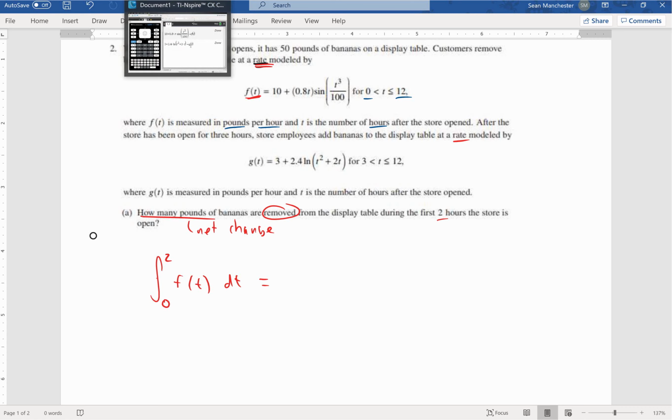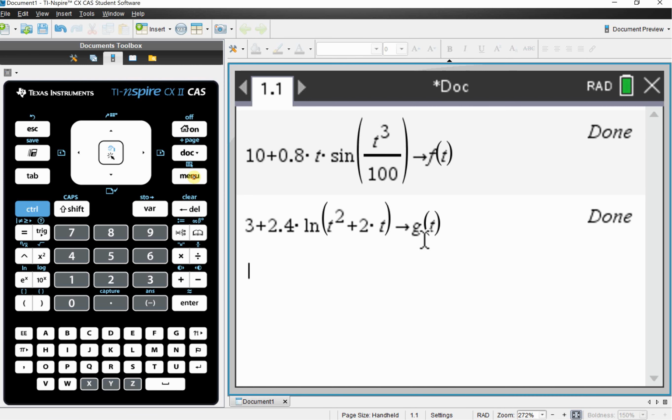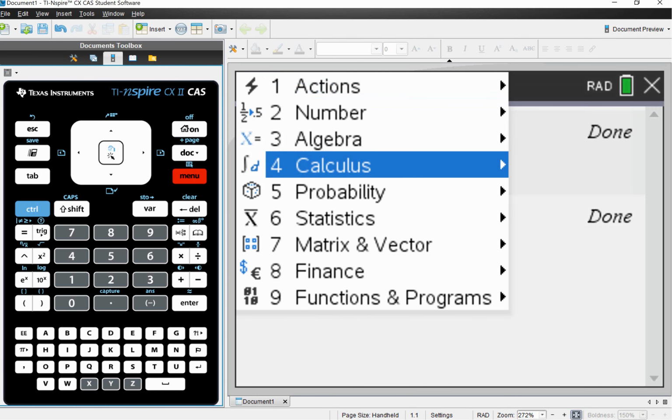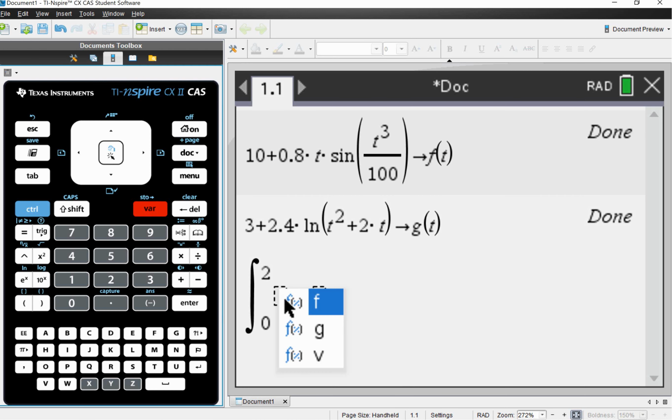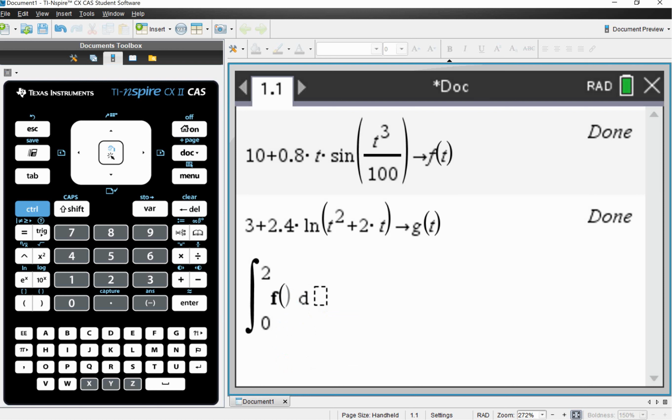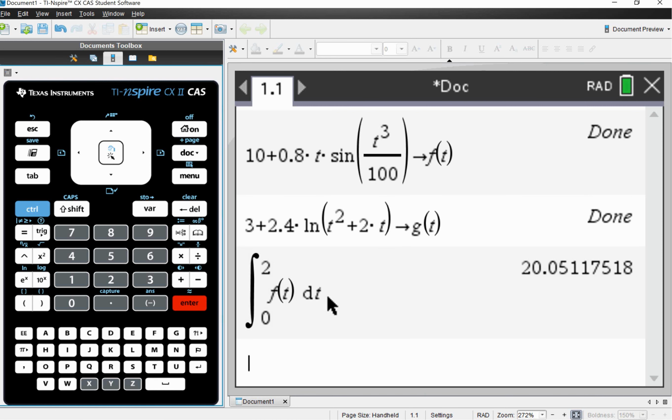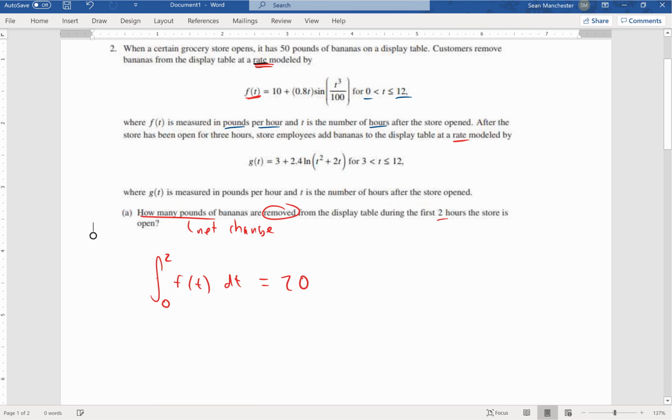And now we can go over to the calculator and find the integral from 0 to 2 of the function f, which is a function of t. And there's our integral, 20.051 to 3 decimals.